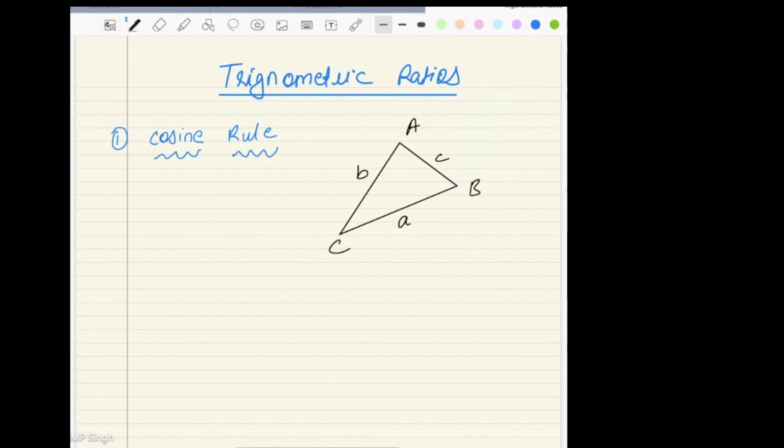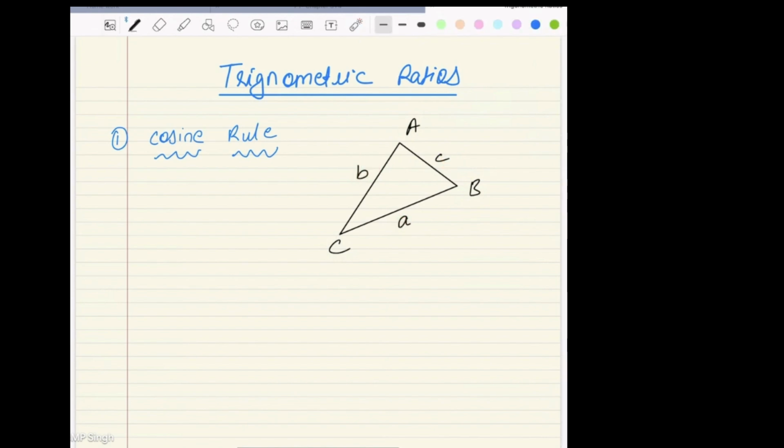This will be the notation throughout. Clear? So when we want to refer to an angle, for example this angle, we are going to call it cos A. This is how the angle will be represented with the vertex, and the sides will be represented by these small letters.